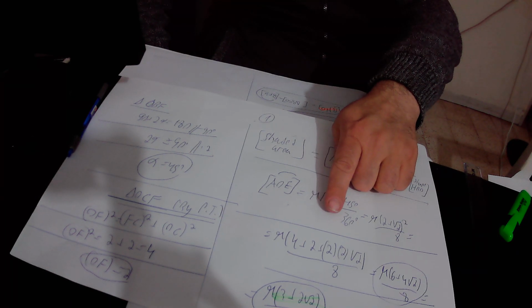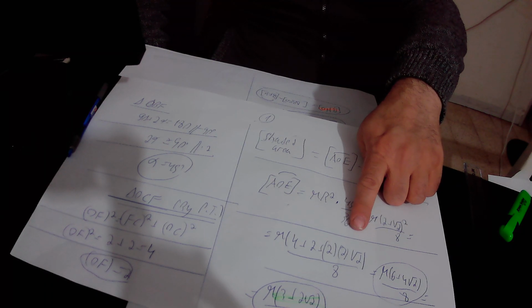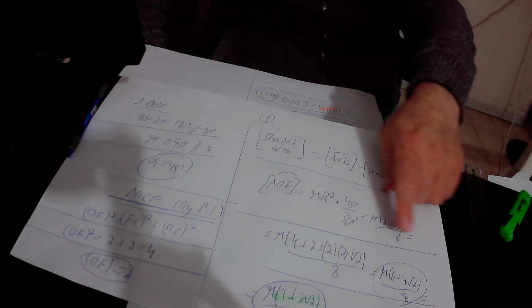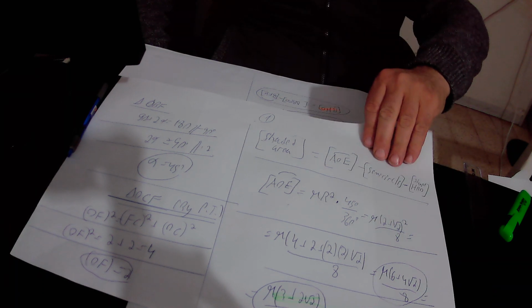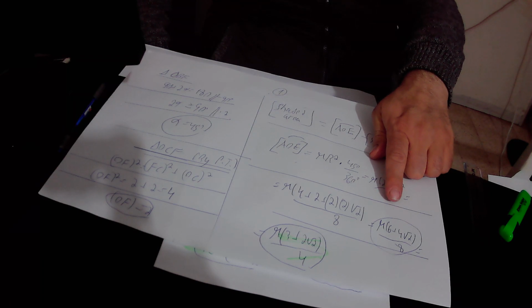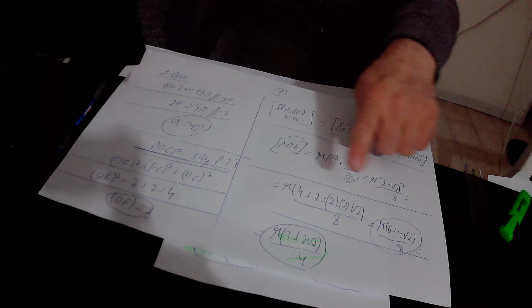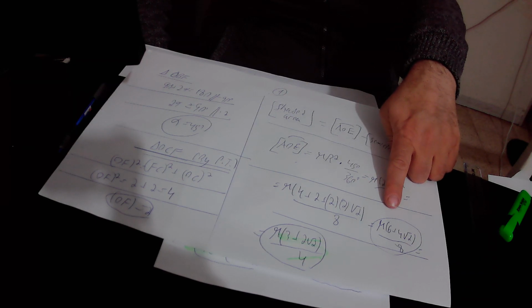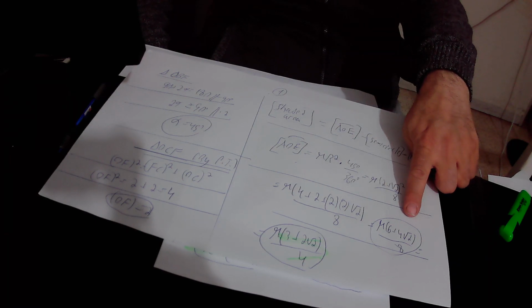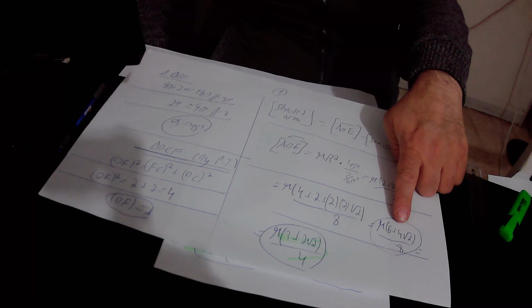4 plus 2 is 6, and 2 times 2 is 4, so in total this expression equals pi times (6 plus 4 times square root of 2) over 8. Here we divided both the numerator and the denominator by 2. So inside the bracket we have 6 over 2, which is 3, and 4 times square root of 2 over 2, which is 2 times square root of 2, and 8 over 2 is 4.